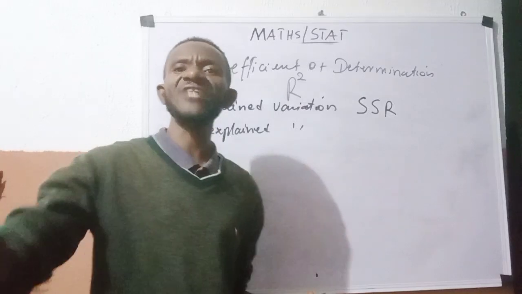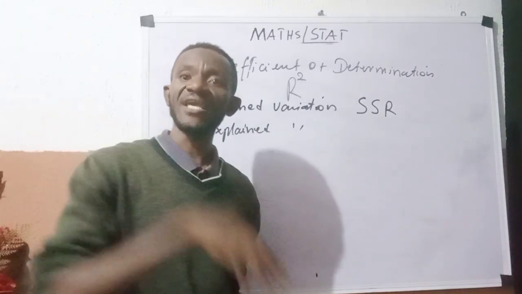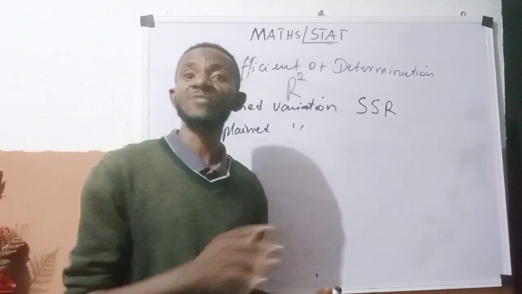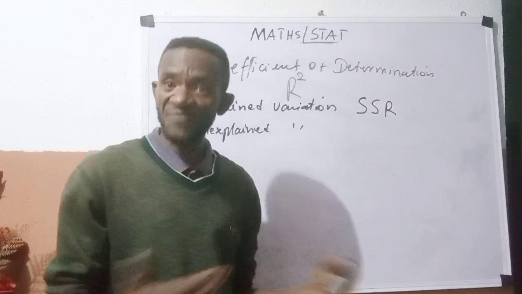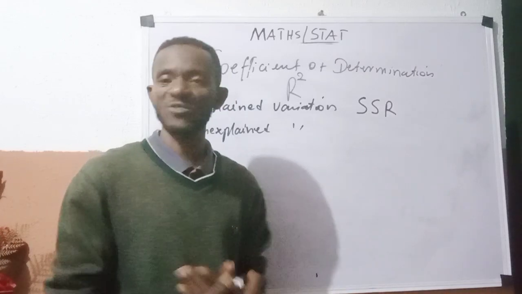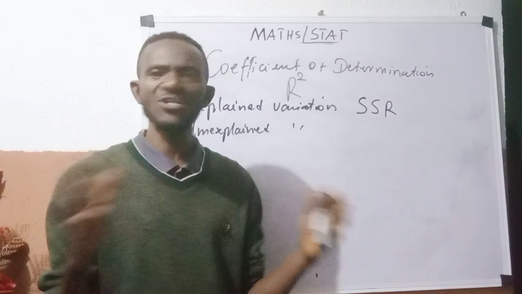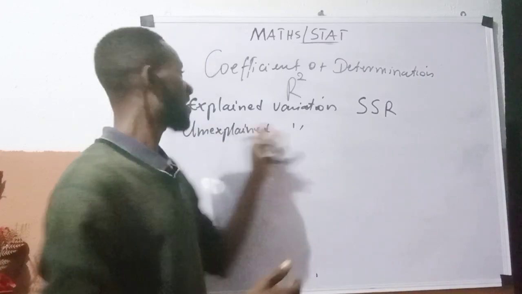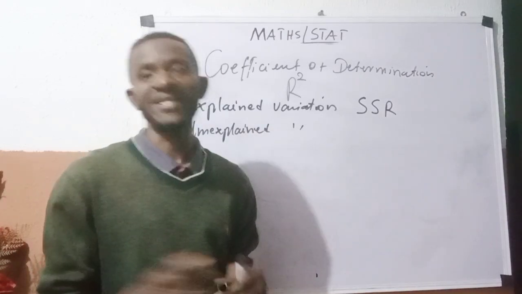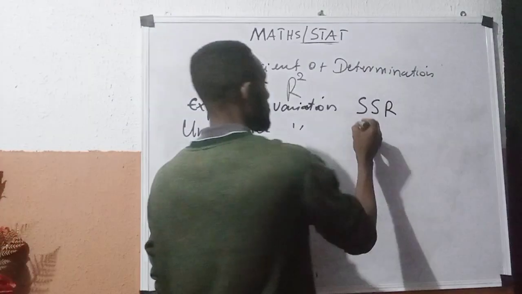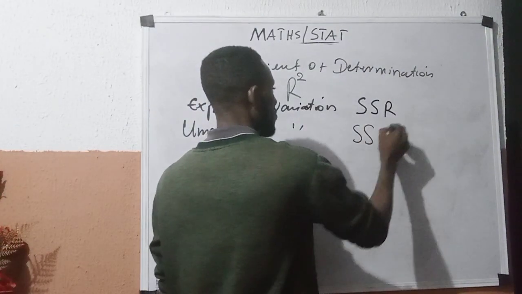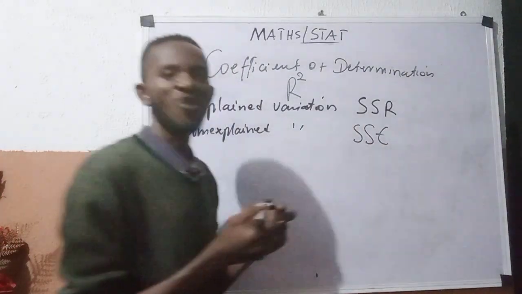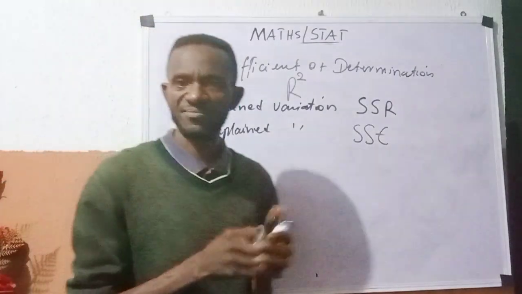It could be the influence of weather or anything in our experiment, interfering with the values of the response variable. So we don't really know where they are coming from. We call it unexplained variation, and it is always represented with SSE, sum of the squared error.